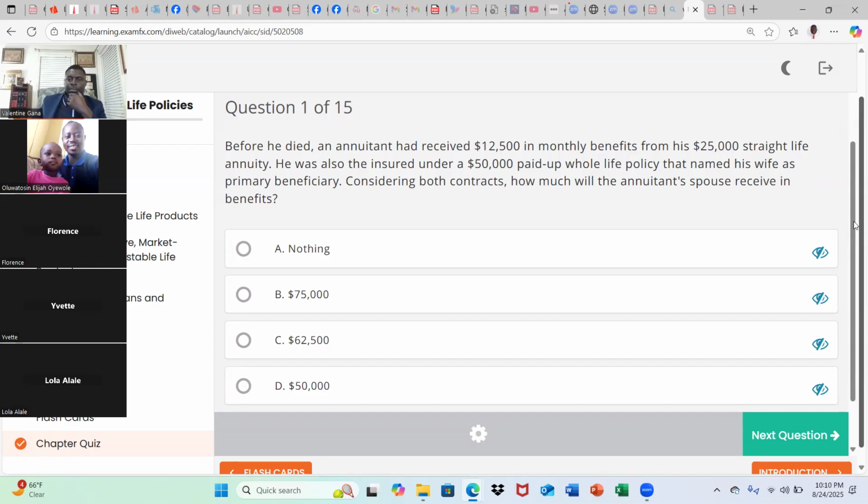Considering both contracts, how much would the annuitant's spouse receive in benefits? B, $75,000. C, $62,500. D, $50,000. All right.